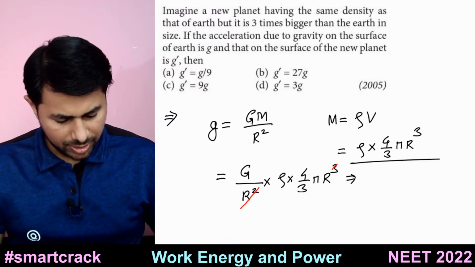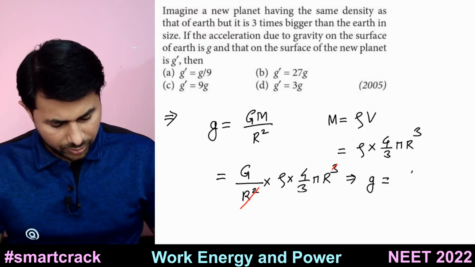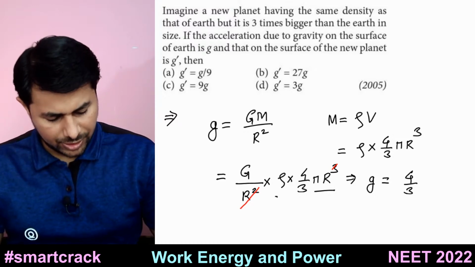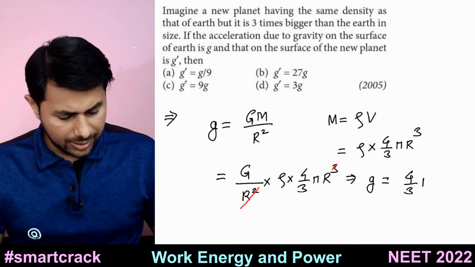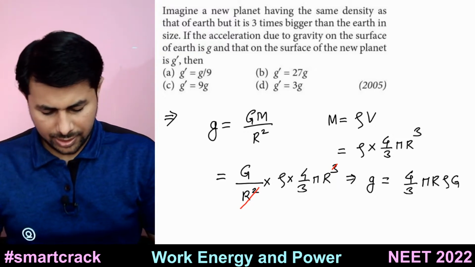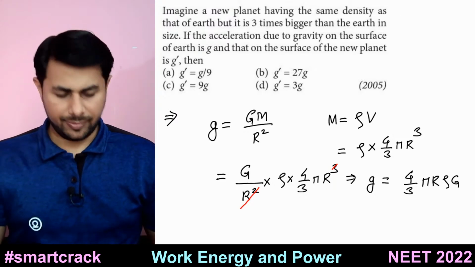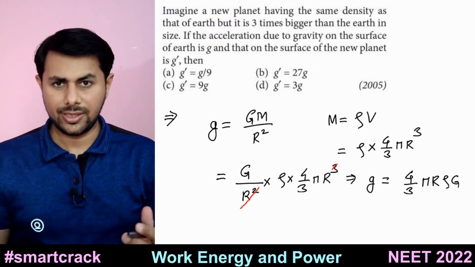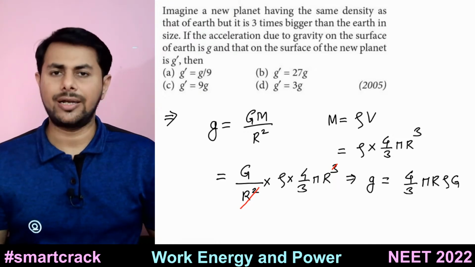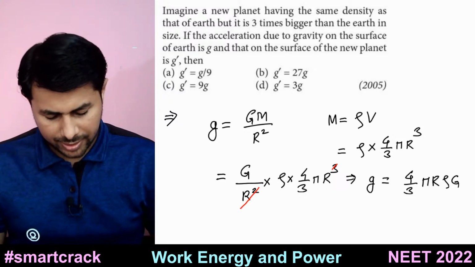Which gives us this formula: g is equal to what? g is equal to 4 by 3 pi into r into rho into capital G. And now here what's given? The density is the same. Okay, so rho is the same, but the planet is 3 times bigger than that of Earth in size.